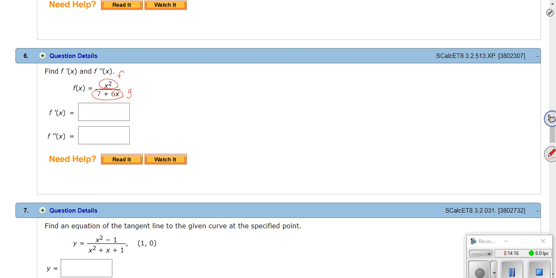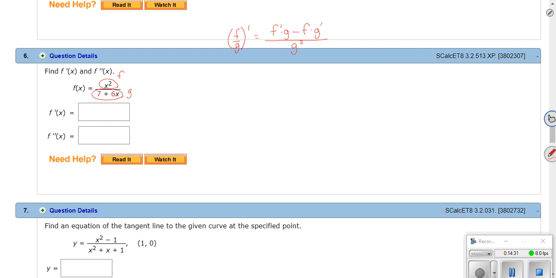So again, reminder, F divided by G prime is F prime times G minus F times G prime all over G squared.